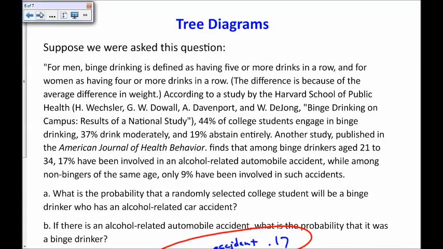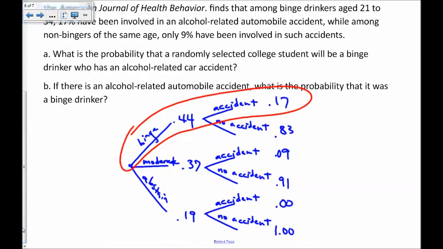So as I move along my tree, I multiply. So I take 0.44 times 0.17, and I get 0.0748, or 7.48%. I'll move that up here just so I can organize it better. Okay, so 7.48% of college students are binge drinkers who have had an alcohol-related car accident.